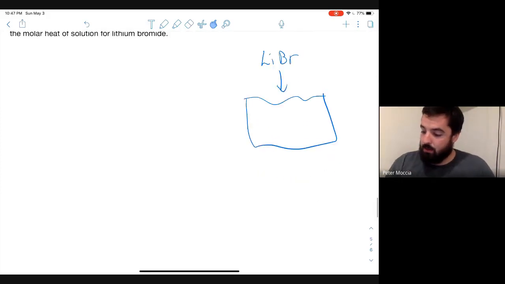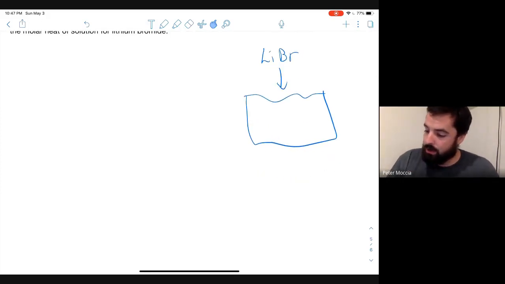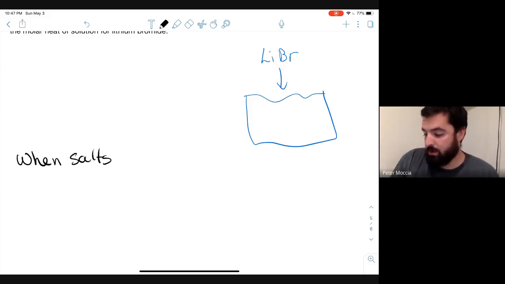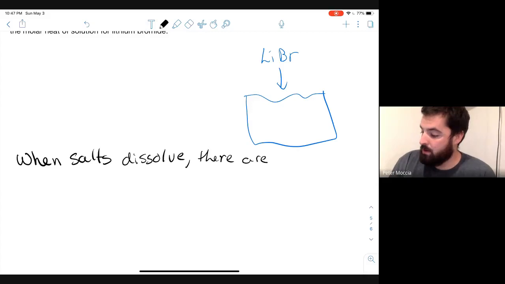Okay, so when salts dissolve in water, there are 3 steps.